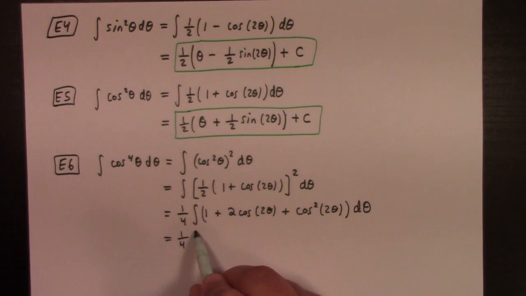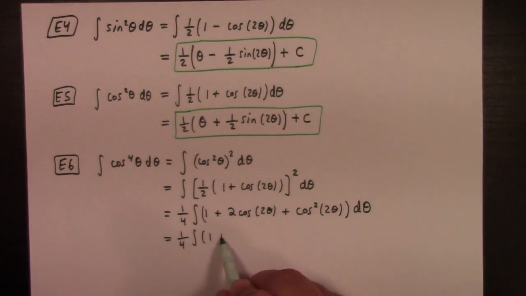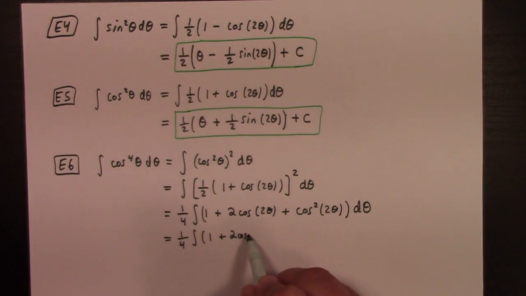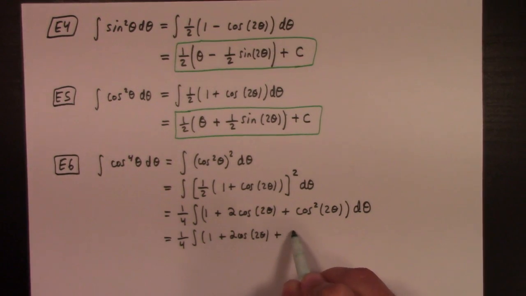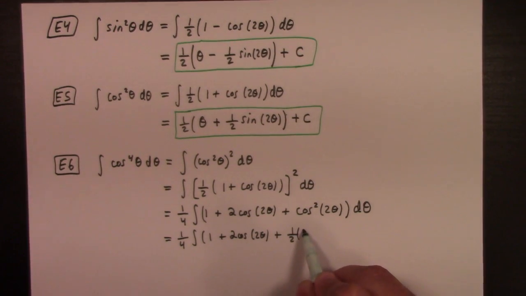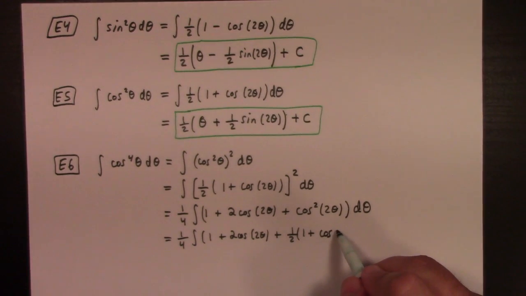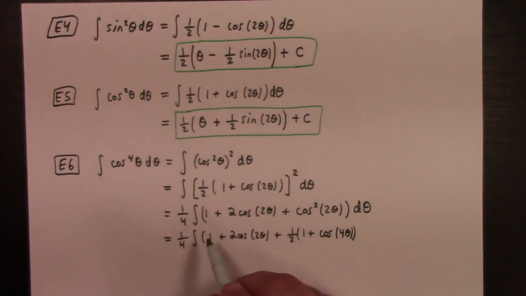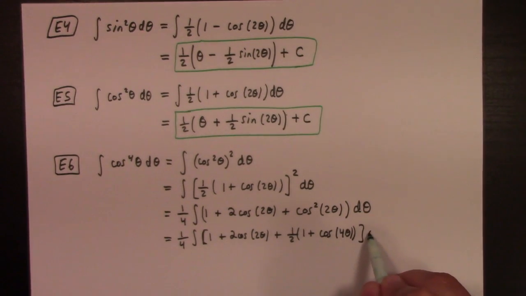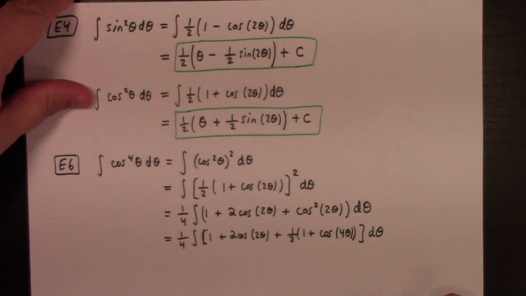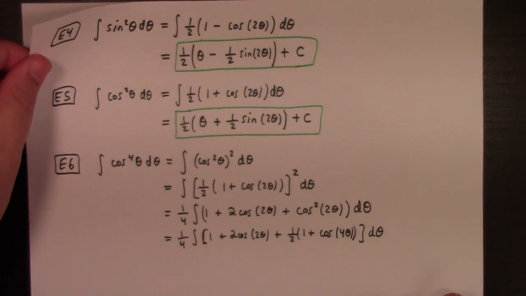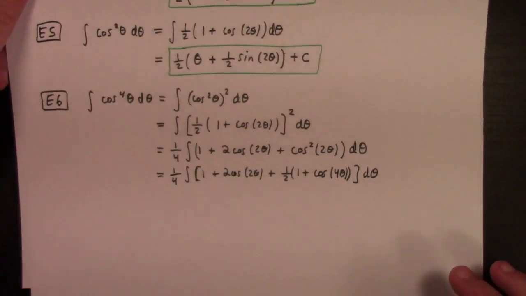So 1/4 integral of 1 plus 2 cosine 2 theta, and then plus 1/2 times 1 plus the cosine of, now if I'm doing cosine squared of 2 theta, 2 times 2 is 4, so I put a 4 theta here. All right, and then close big brackets, d theta. Now, one more step here, because I have a tendency to mess up the arithmetic.